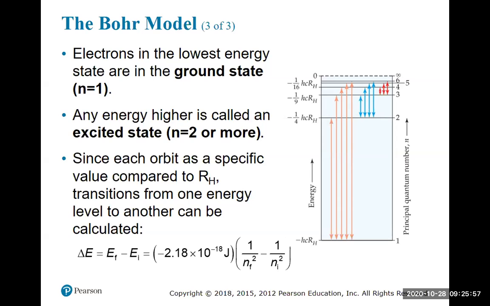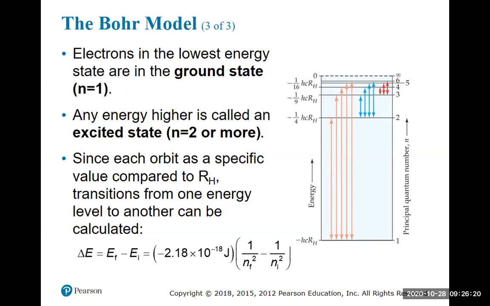If you go to a higher energy state, in other words, n equals 2 or more, then those are called the excited states. To go from the ground state to an excited state, that energy difference has to be met exactly by whatever energy source you're putting in.